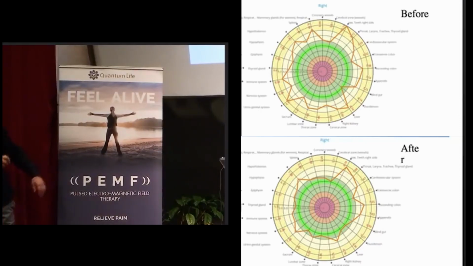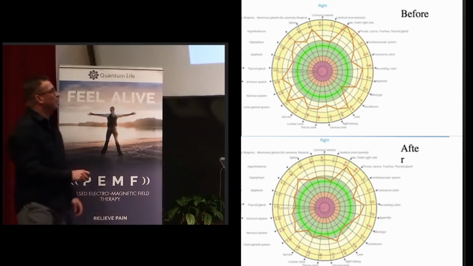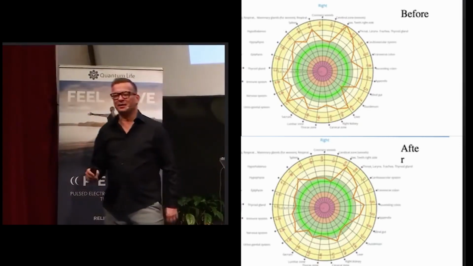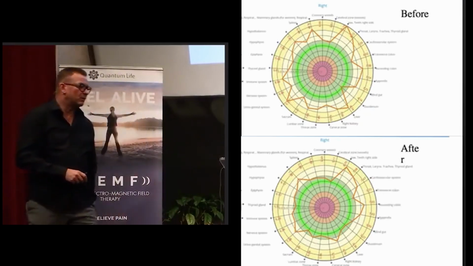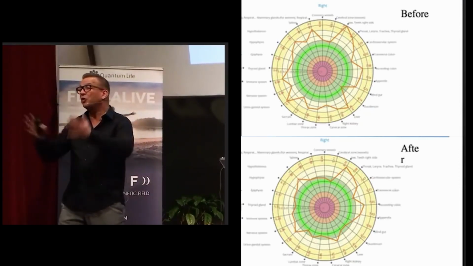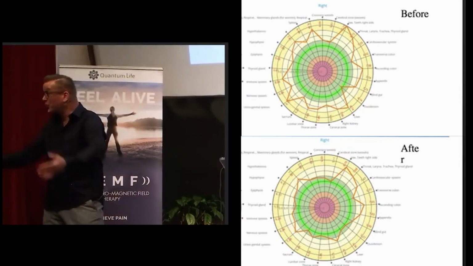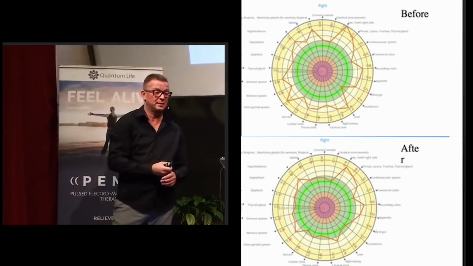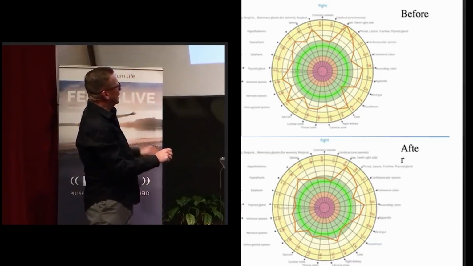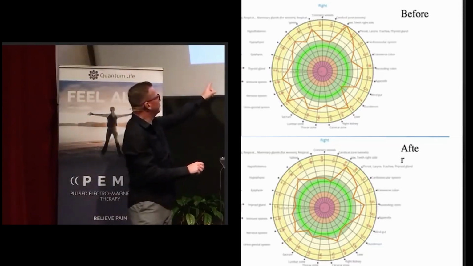And you can see before and after, it looks much more balanced. So this is just to give you a little bit of an idea what you can really achieve with one single treatment. Not talking about what you can achieve if you do this on a consistent basis. It's just energy alignment on different organs.